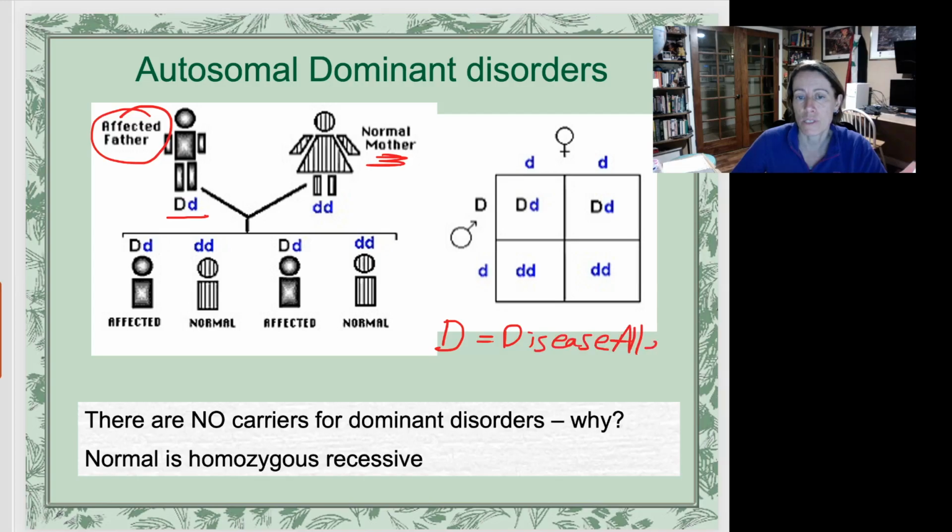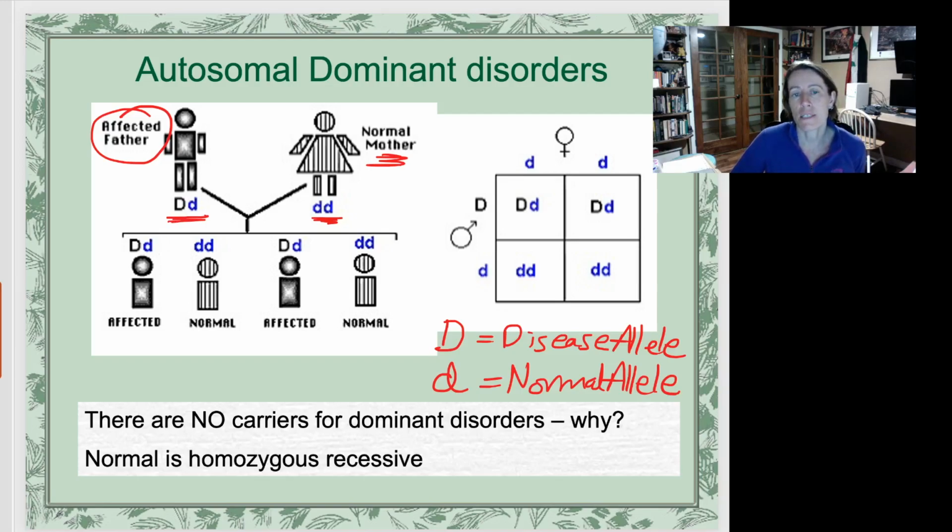This allele causes the disease, and lowercase d is the normal allele. All right. So looking at the pedigree once again, we can see a normal individual, 2 little d's, and we can see an affected individual. This person's heterozygous, big D, little d.